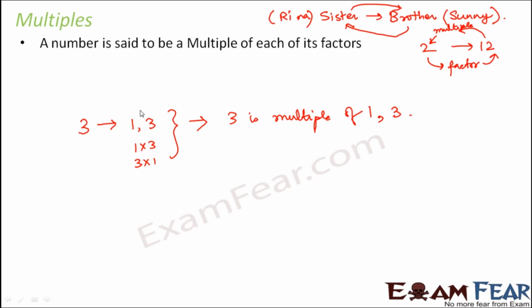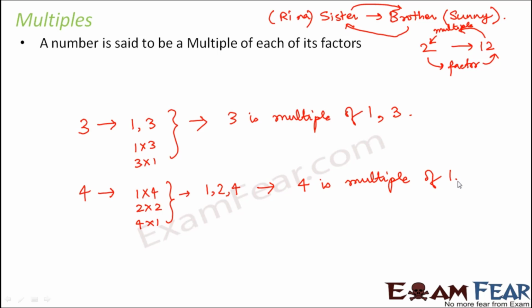Similarly, if you take number 4, 4 can be written as 1 into 4, it can be written as 2 into 2, it can also be written as 4 into 1. So it has 3 factors, that is 1, 2 and 4. So that means that 4 is a multiple of 1, 2 and 4.